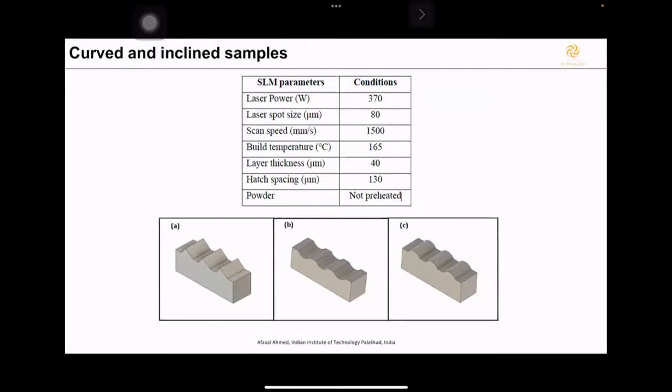Then we move to slightly complicated features like a concave or a convex surface. And at present, we are planning to move towards free-form surfaces. So we are trying to cover all the aspects of the dimension inaccuracies, right from a planar surface to a free-form surface.